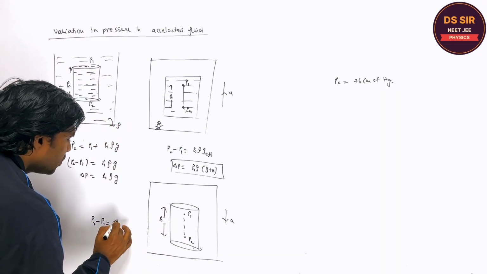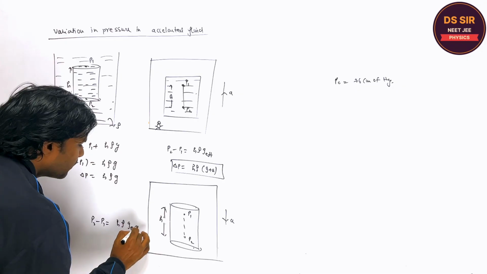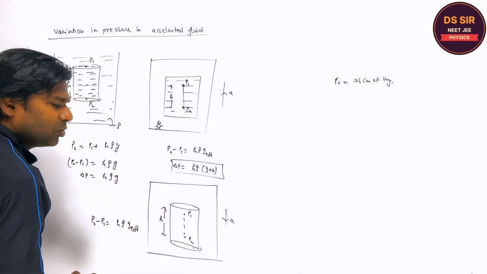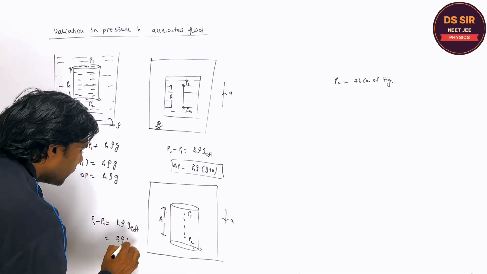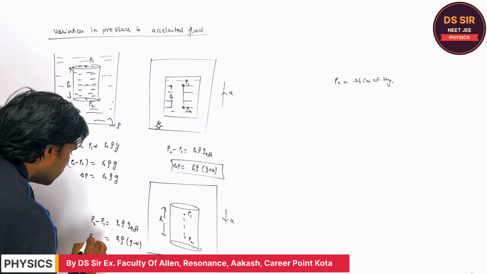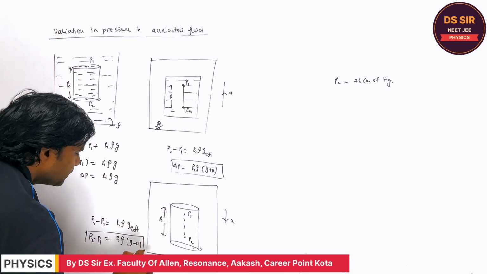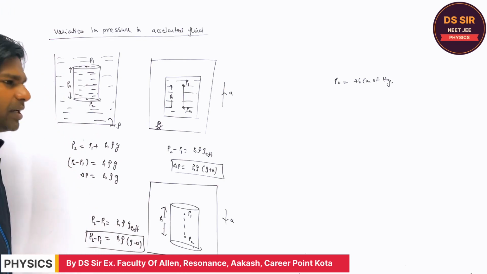P2 minus P1 is equal to h rho G effective. In this case, G effective will be equal to G minus A. Is it clear or not? Tell me. h rho, G minus A.